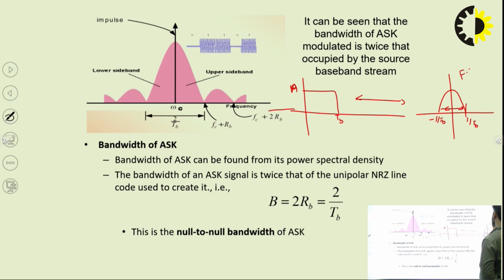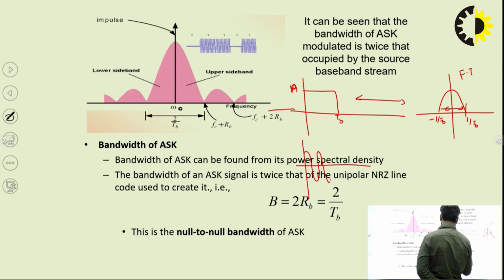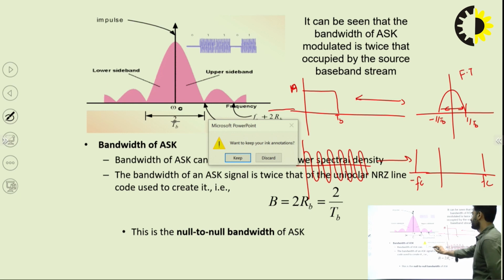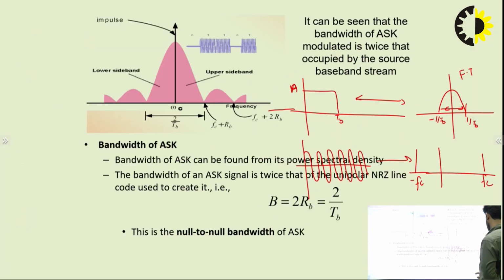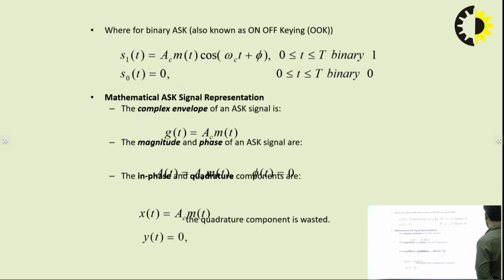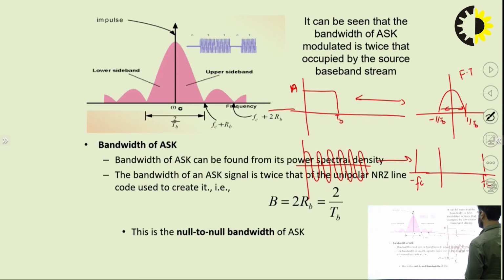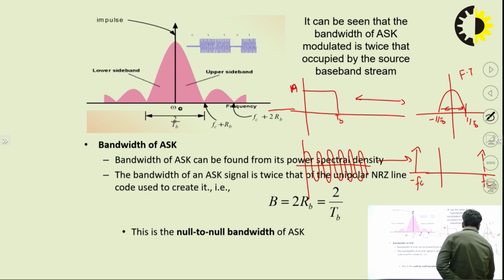The Fourier transform of the carrier signal is at fc and minus fc. Now we mix these two signals.